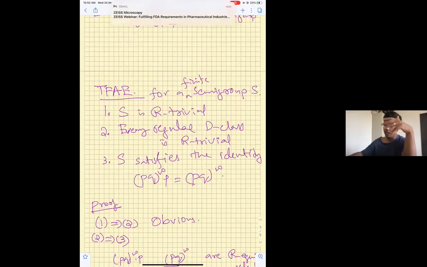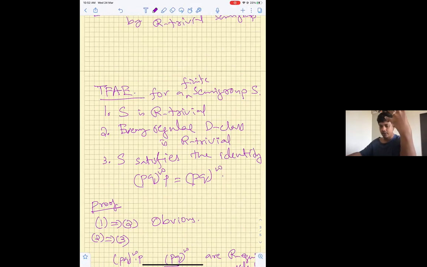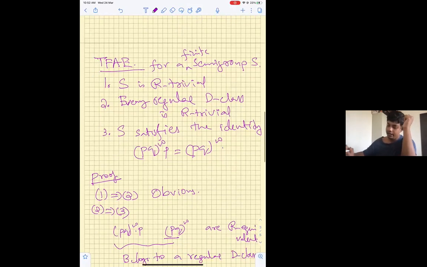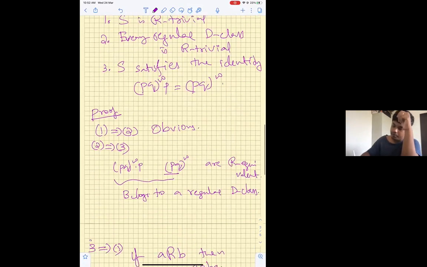And more importantly, if I want to know a property of a monoid, I just need to look at the regular D classes. This holds not just for R trivial, it holds for J trivial, it holds for L trivial, and it holds for H trivial.